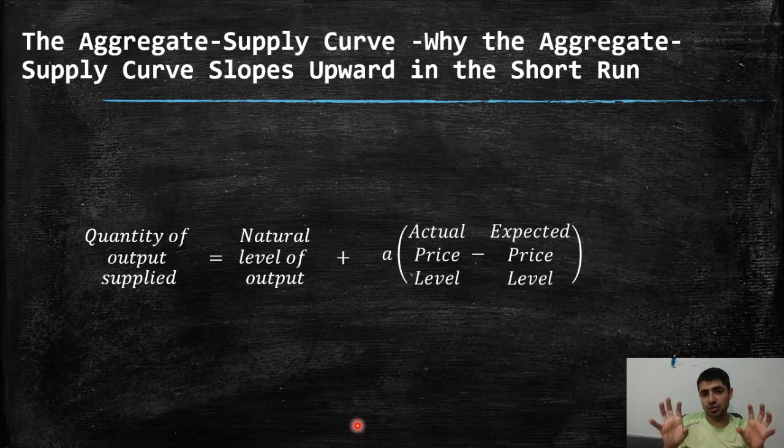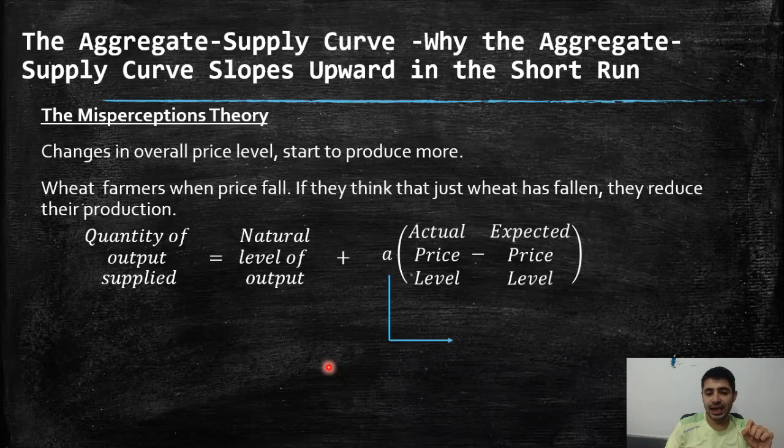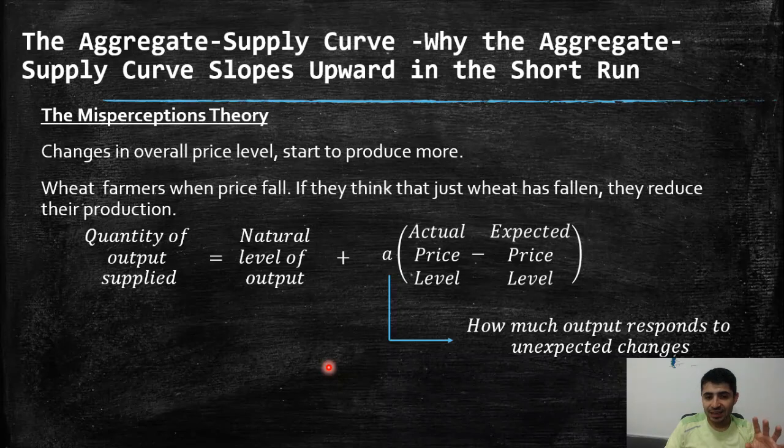This variation is the gap between the actual price level and the expected price level, multiplied by an A. This A is how much output responds to unexpected changes. If this A is higher, the variation from the long-run quantity of output supplied should definitely be different. So this should be an issue.